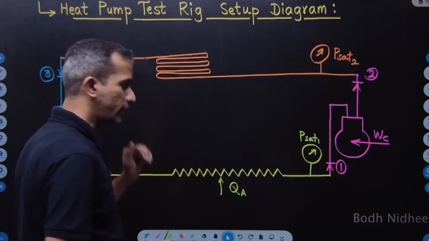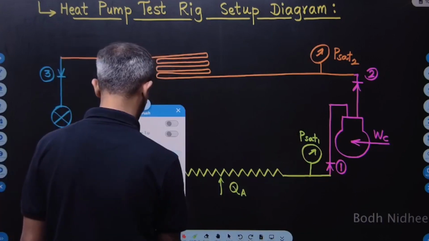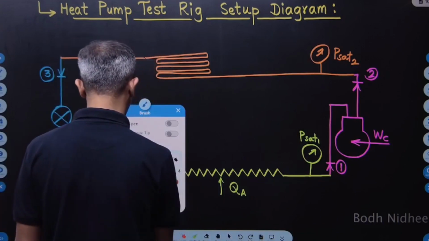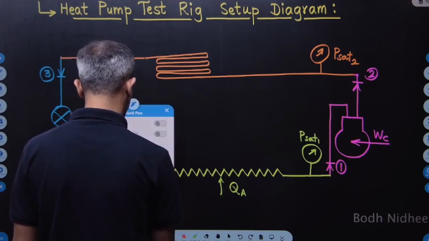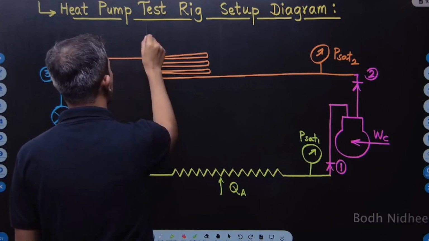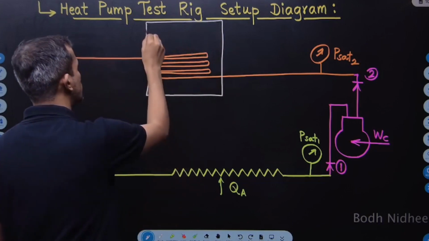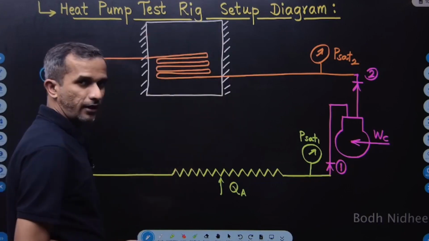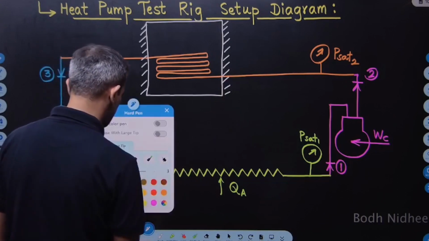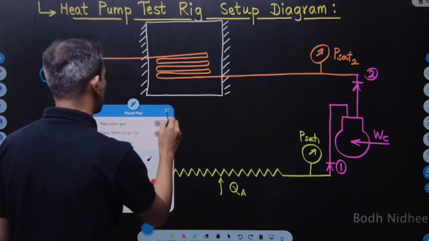Now this coil will be placed in a chamber because we want to construct the heat pump. I will place this coil in a chamber and insulate this chamber to avoid heat loss to the atmosphere. In this chamber we'll use a secondary medium like water.